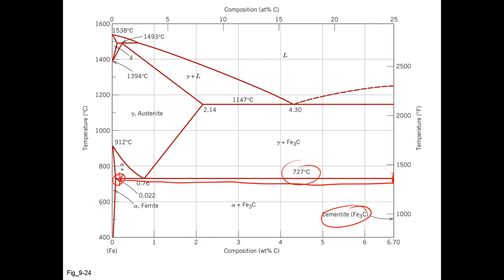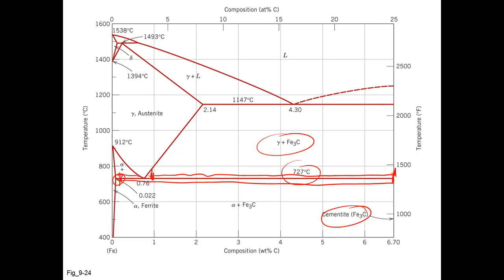In some instances, we will also work with the tie line just above the eutectoid temperature. That involves austenite and pro-eutectoid cementite, the cementite that forms above that eutectoid temperature.